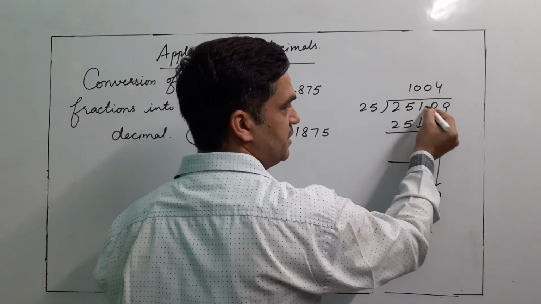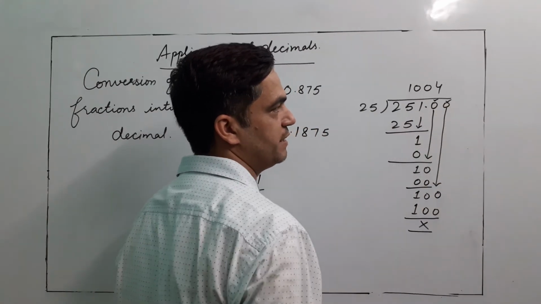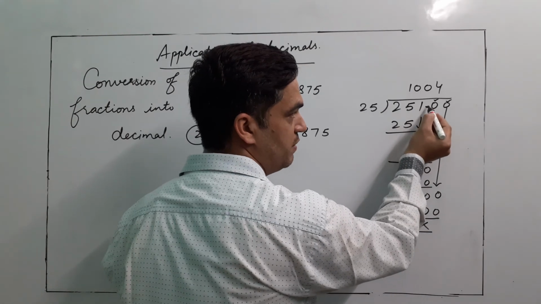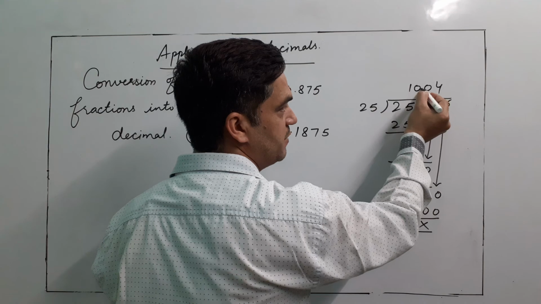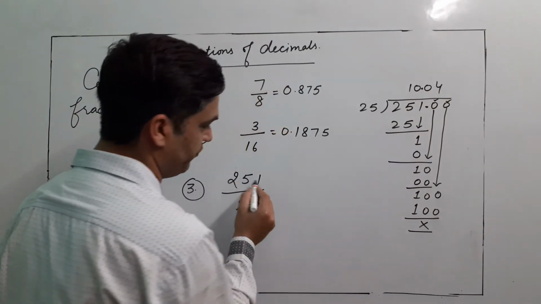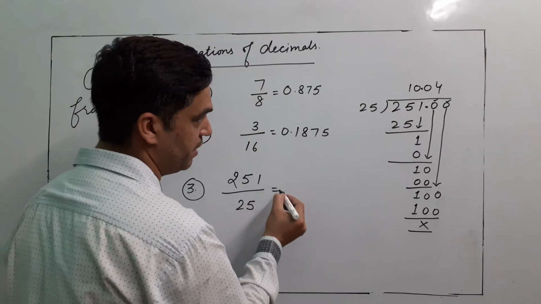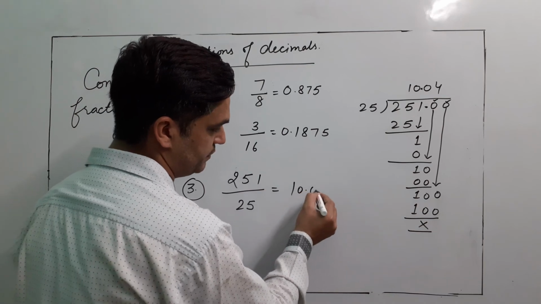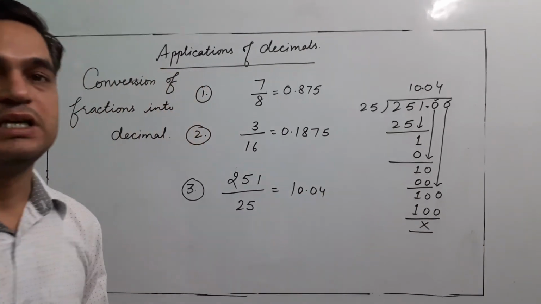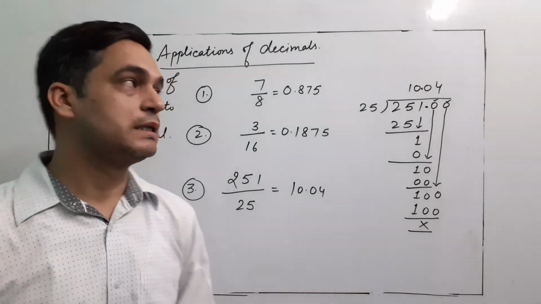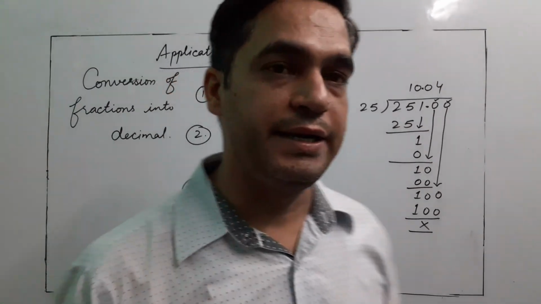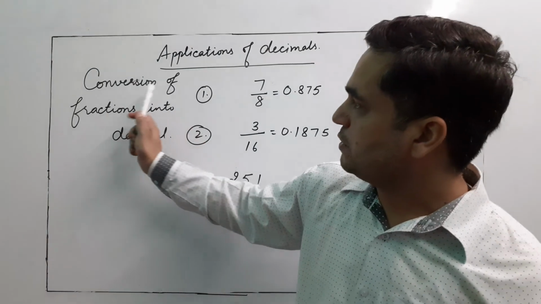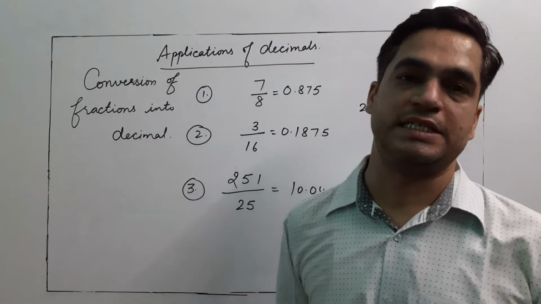So after decimal there are 2 digits we have taken. Just count the number of digits after the decimal. 1, 2. Put the decimal here. So this 251 divided by 25 will give you 10.04. So children, you learned the conversion of decimal into fractions and conversion of fractions into decimals.